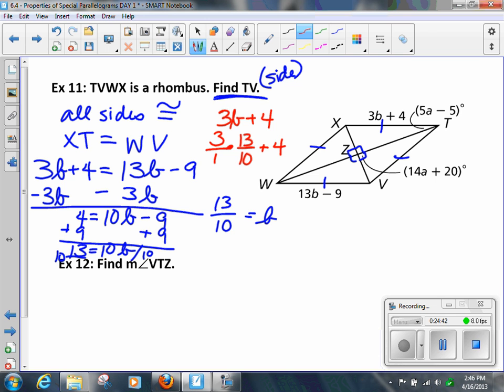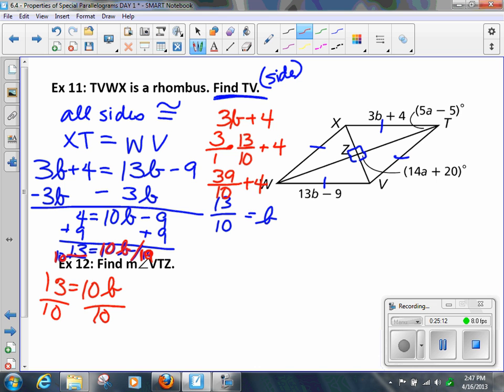What's 13 times 3? 39 over 10 plus 4. Because I divided both sides by 10. Right here. No, I divide by 10, because I've got 13 equals 10B.